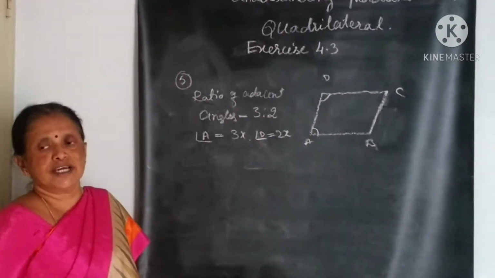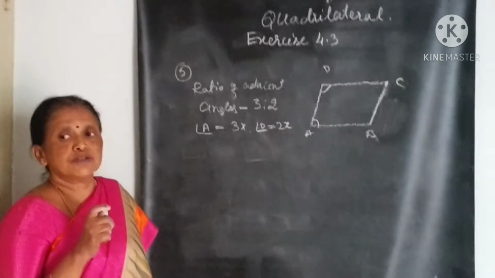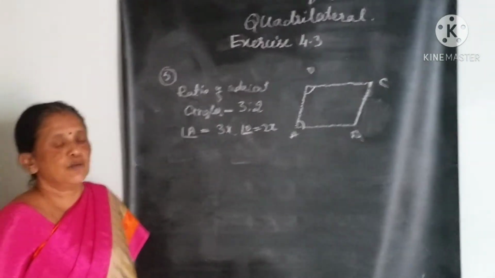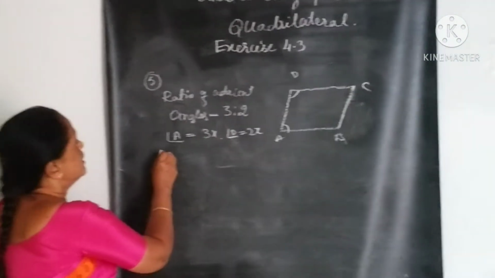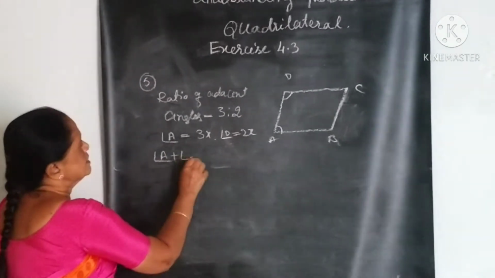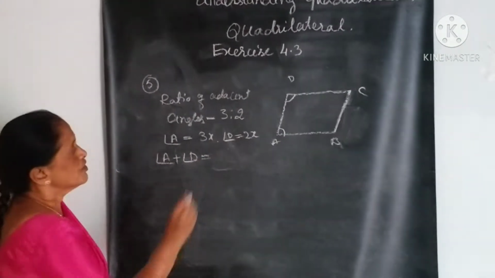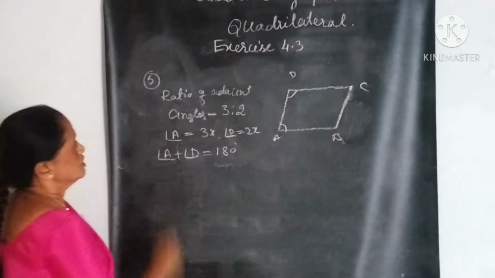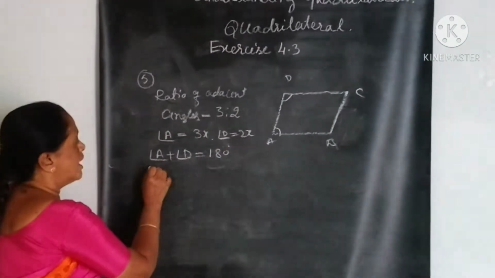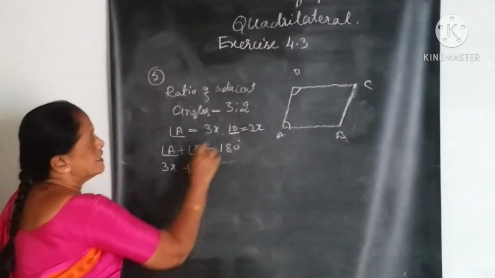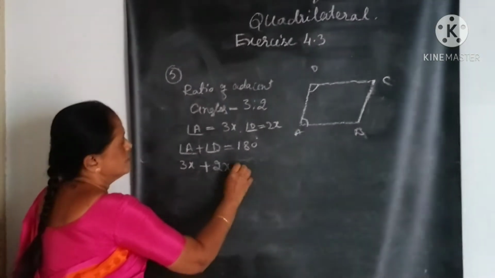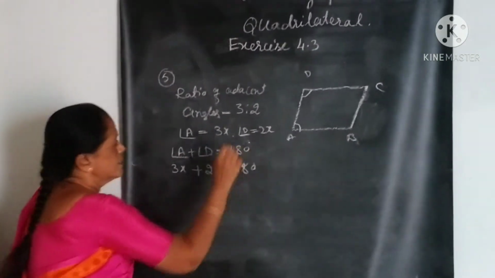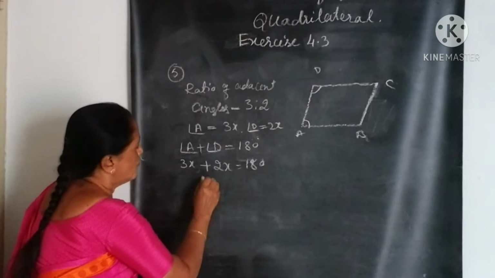We already know that in a parallelogram, the sum of the two adjacent angles is how much? 180 degrees. That means angle A plus angle D is equal to how much? 180 degrees. So angle A is how much? 3x and angle D is how much? 2x. That is equal to 180. 3x plus 2x is 5x.